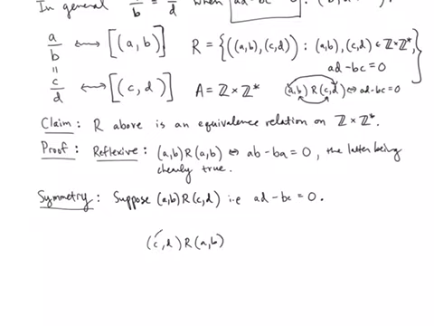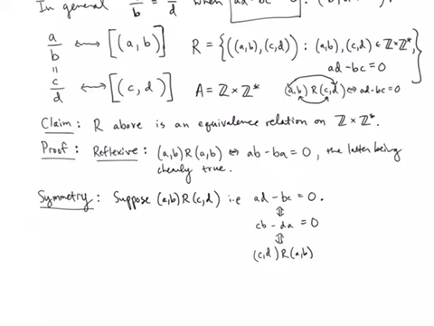That means that C times B minus D times A is equal to 0. But that is just equivalent to the equation we already have, right? So CB minus DA equals 0. That's just the negative of the equation AD minus BC equals 0. And negative 0 equals 0, so those things are equivalent. And that second equation is just equivalent to CD being related to AB.